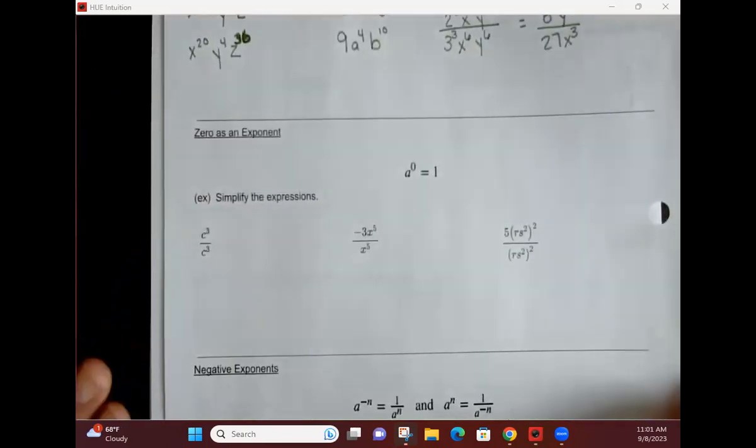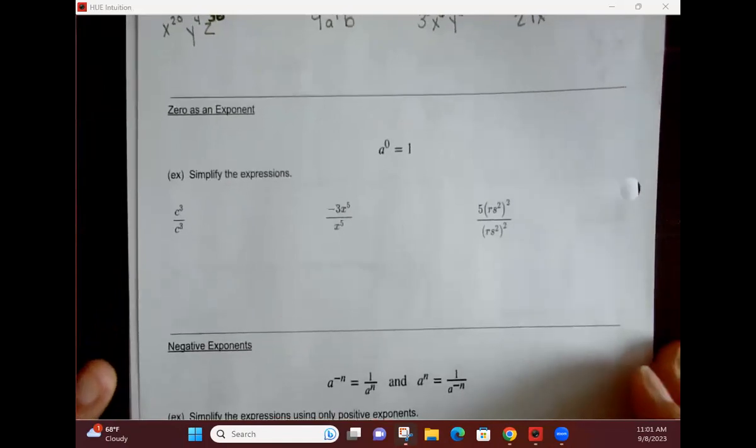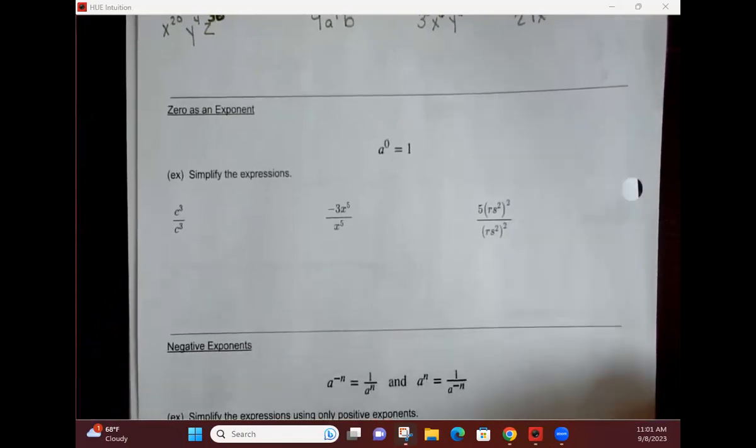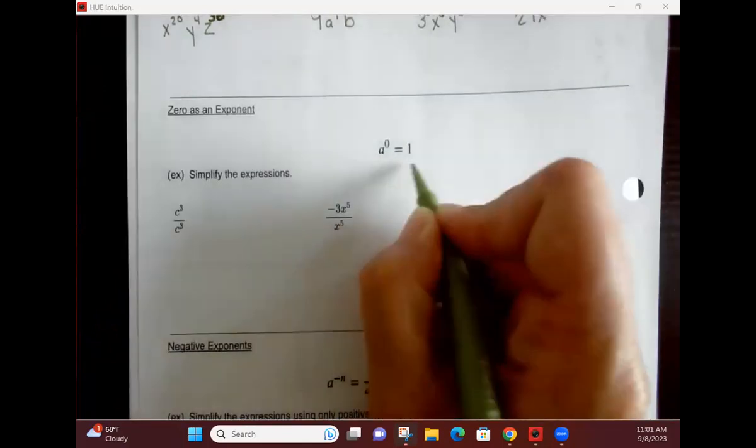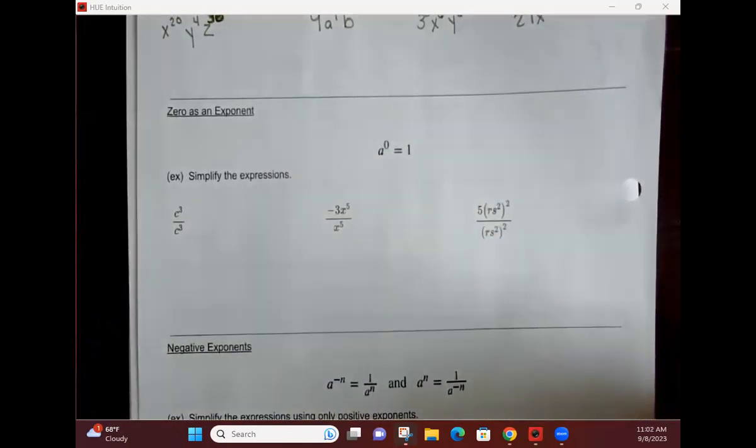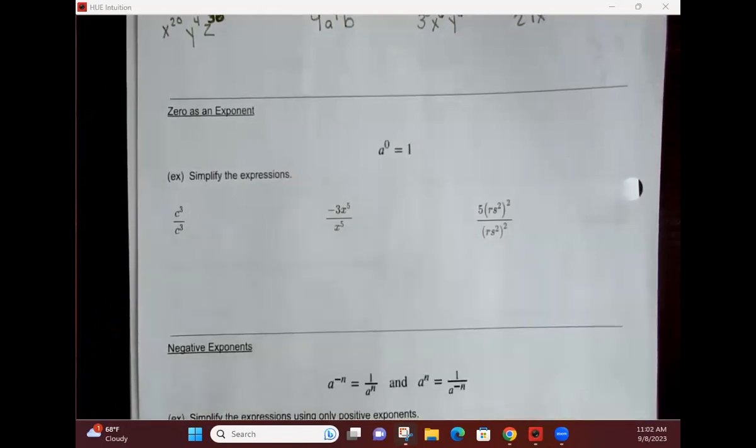The next exponent rule is my favorite exponent rule because it makes so much of our work just become 1. Anything to the 0 power is just 1. There is a little asterisk here.